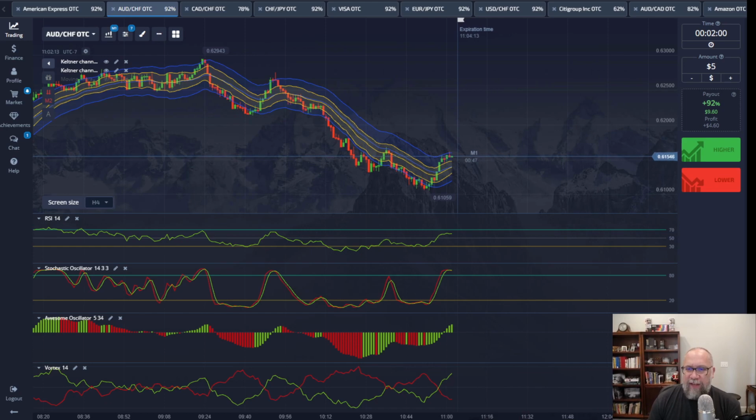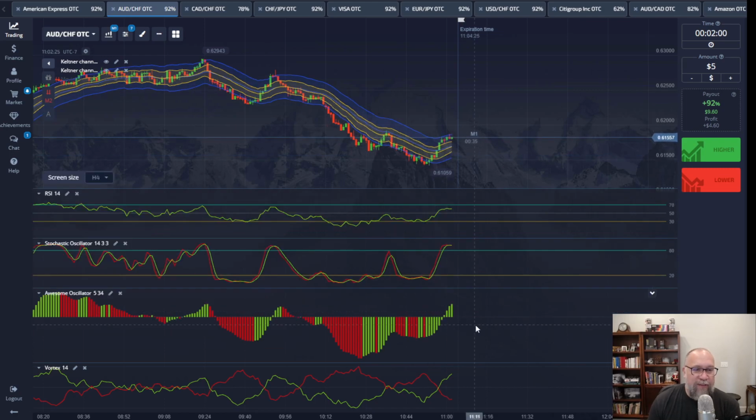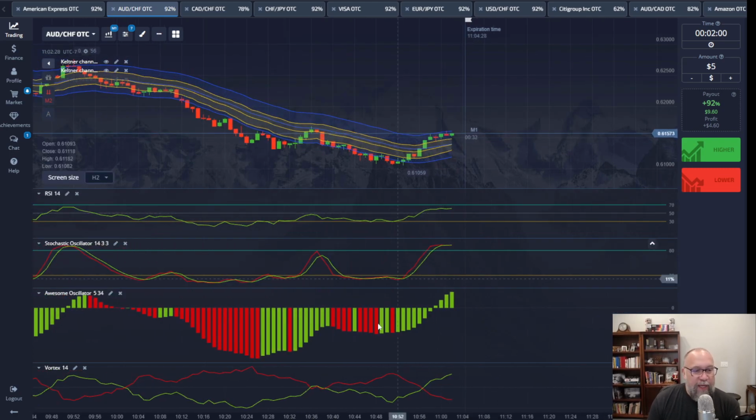The strategy I tended to use was called the saucer strategy. It doesn't really look like a saucer to me, but this particular chart right here, let me pop this up, has a great example. Right here, this green bar, we're only going to talk about below, it's the opposite for above.